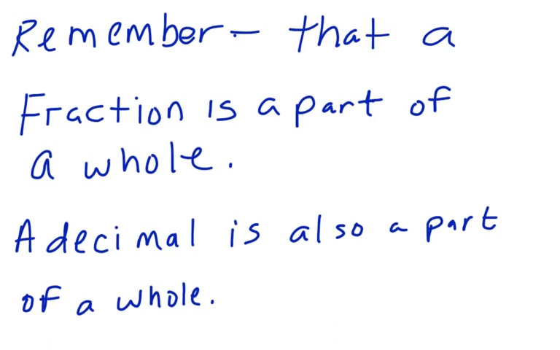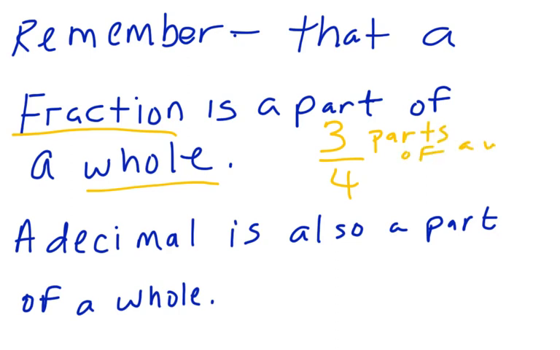Now remember that a fraction is a part of a whole, like 3/4. This is 3 parts of a whole. And also, a decimal is also a part of a whole.